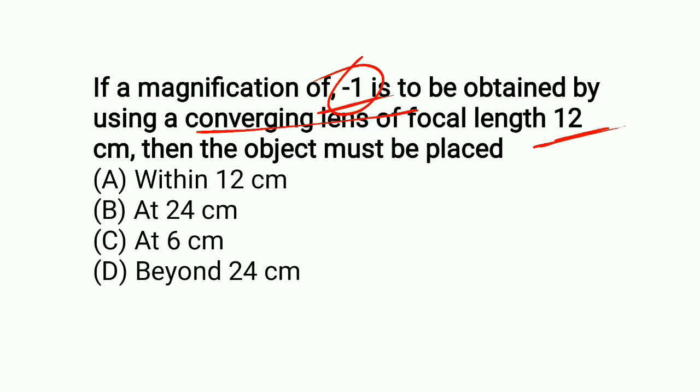So when the image produced by the convex lens is the same size, we have kept the object at the center of curvature. And here they have given the focal length as 12 centimeter. So the center of curvature is equal to 24 centimeters. So option B is the correct answer.